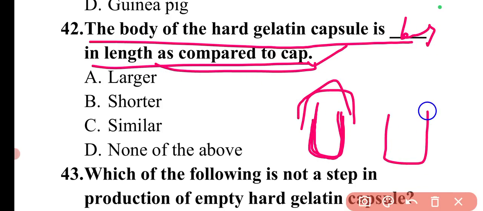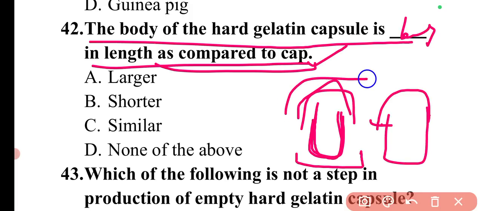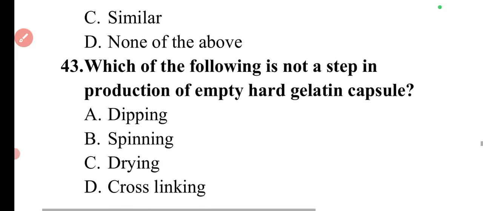The material is filled in the body and a cap is placed over it, so this cap will be small. But if we talk about the diameter, then the diameter of this body will be lesser as compared to the cap. So this is also one of the differences.